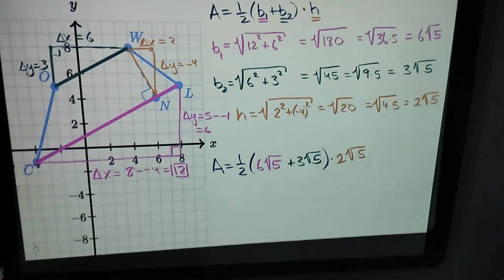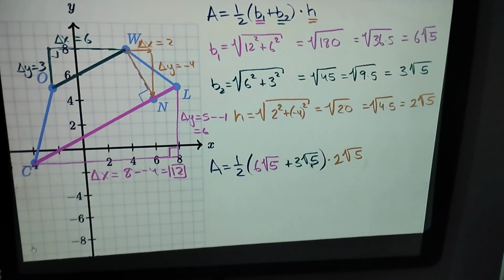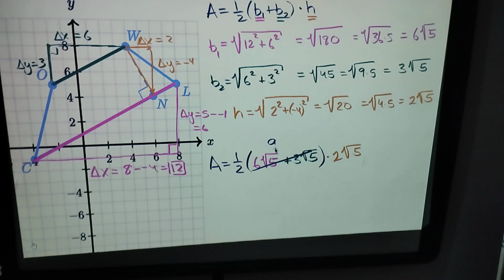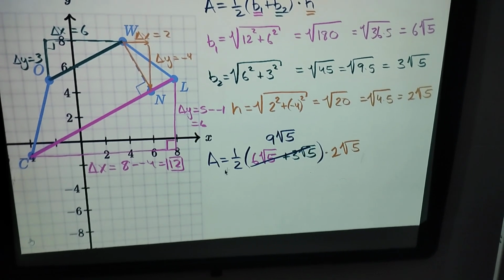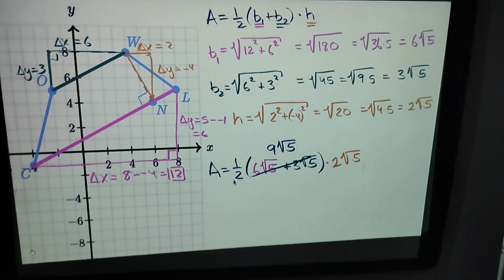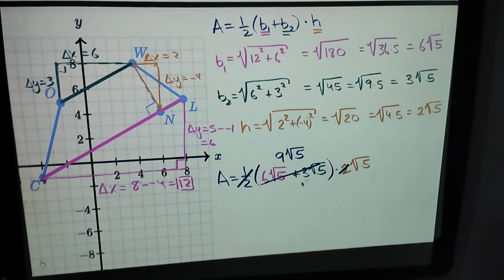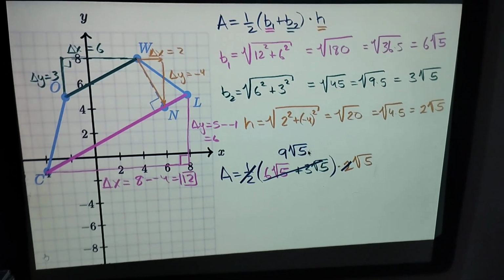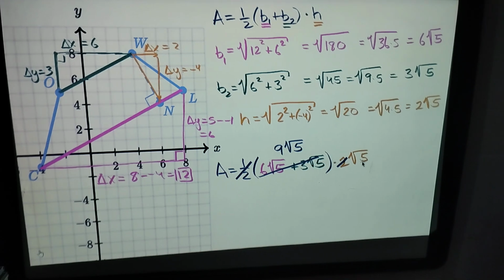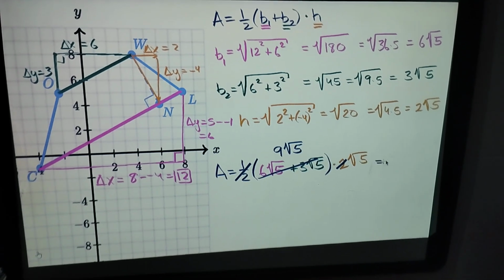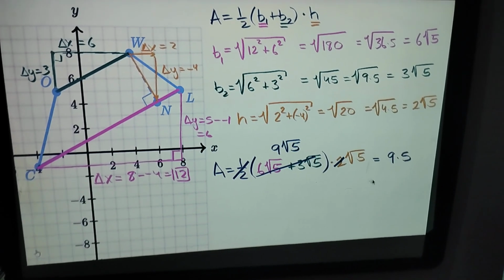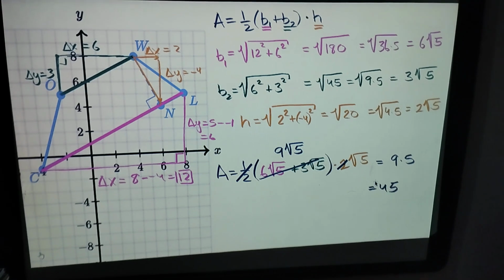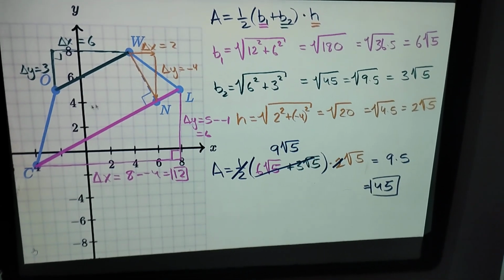And let's see how we can simplify this. So 6 square roots of 5 plus 3 square roots of 5, that is 9 square roots of 5. The 1/2 times the 2, those cancel out to just be 1. And so we're left with 9 square roots of 5 times the square root of 5. Well, the square root of 5 times the square root of 5 is just going to be 5. So this is equal to 9 times 5, which is equal to 45 square units, or units squared.